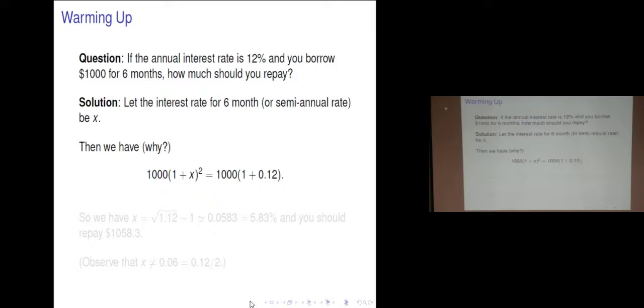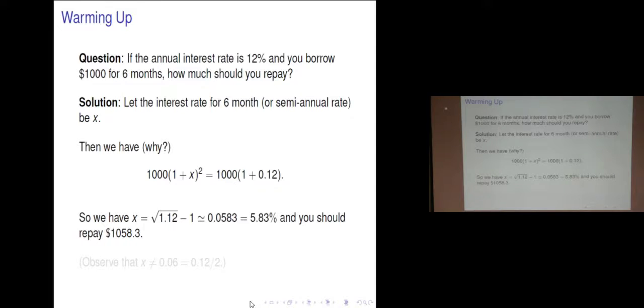But on the other hand, you know the annual interest rate is 12%, so you should get this number. Therefore, you have this equation. Is this all right? From this equation, it's quite easy to solve for x.